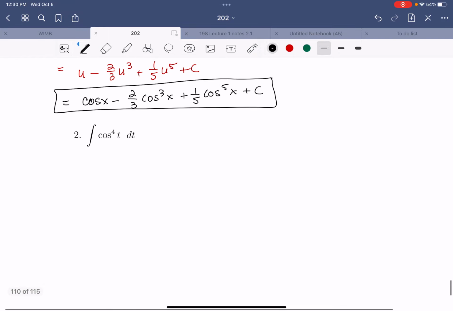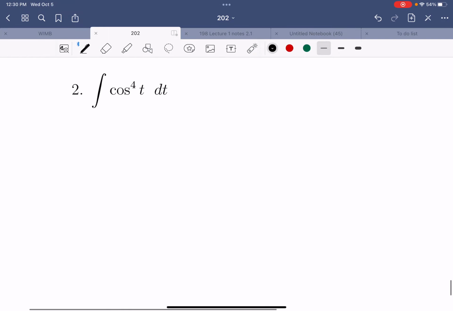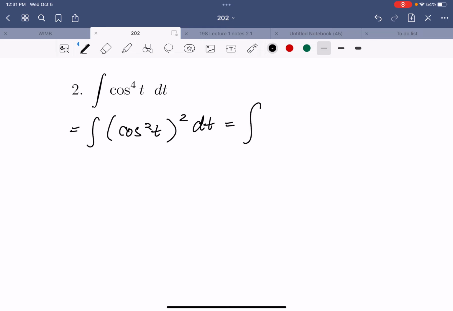In problem number 2, I don't have any odd powers, so I'm going to use my double angle formulas. So I know that this is cosine squared t, squared. And I'm going to substitute for cosine squared t. And cosine squared t, if you go up and look at your identities, is 1 plus cosine of 2t over 2, squared, dt.